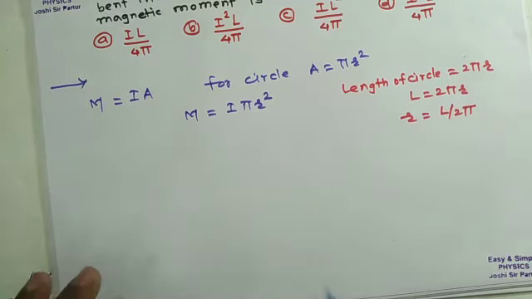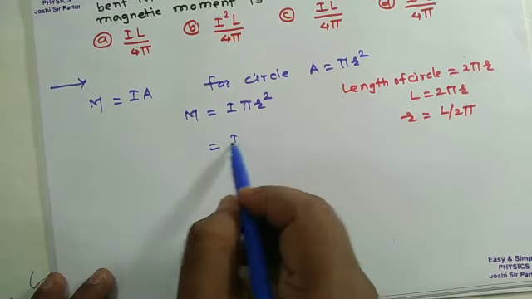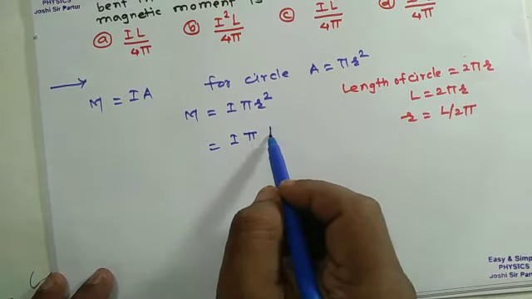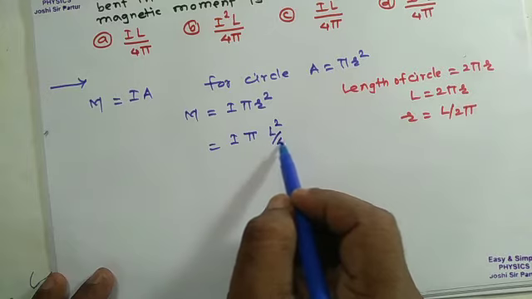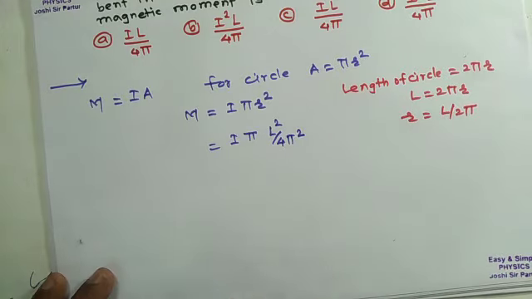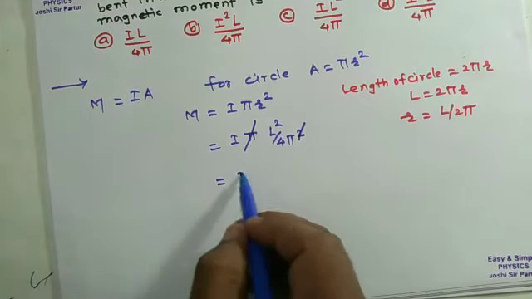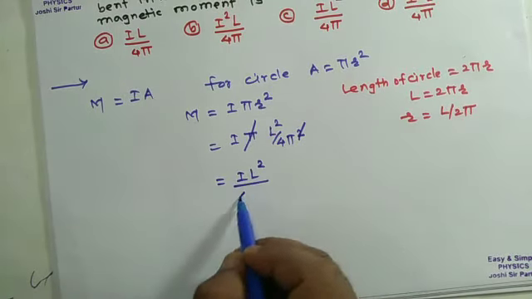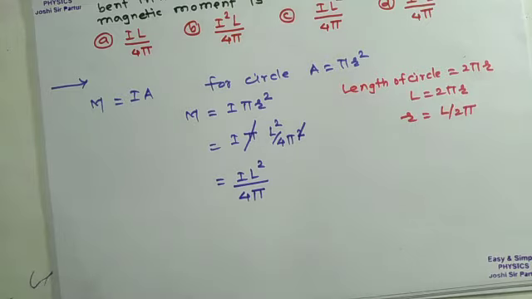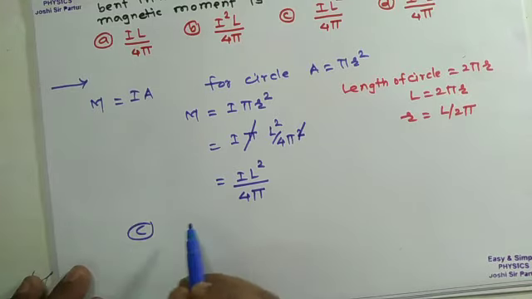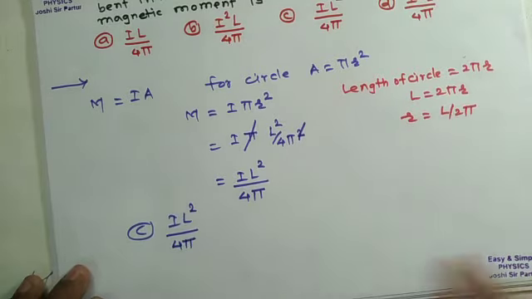If we substitute the value of r, it is I pi L square upon 4 pi square. When pi gets cancelled, it is I L square upon 4 pi. So the answer will be C, that is I L square upon 4 pi.